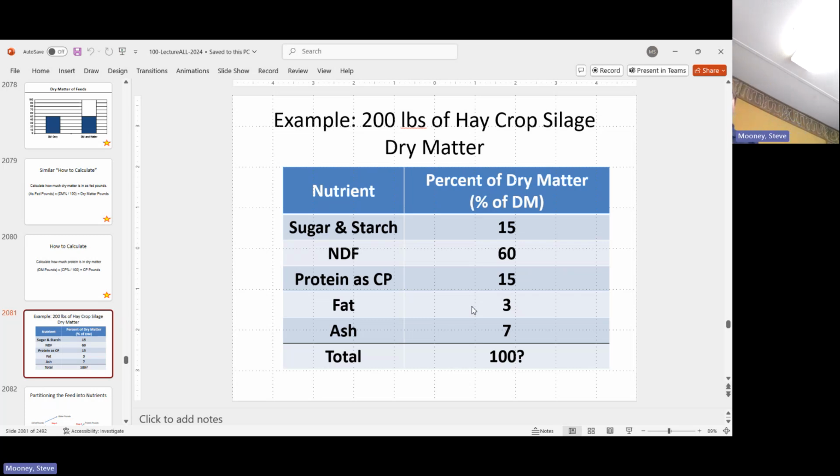So if we take 200 pounds of hay crop silage dry matter, what would that probably be on an as-fed basis? Anybody want to guess? What would 200 pounds of dry matter be on an as-fed basis for our haylage?